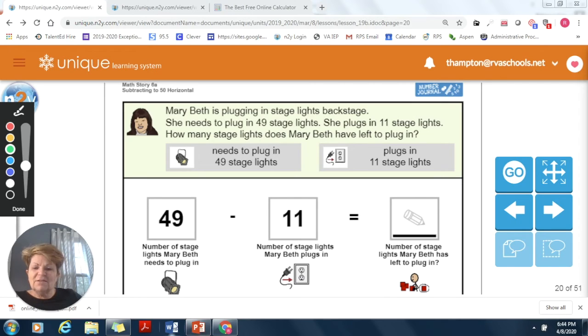All right, let's see if maybe, I think that will go away, or we will lose it. Let's try one more time. And if not, we will try another way, okay? 49 minus 11. We know that 9 take away 1 is 8.